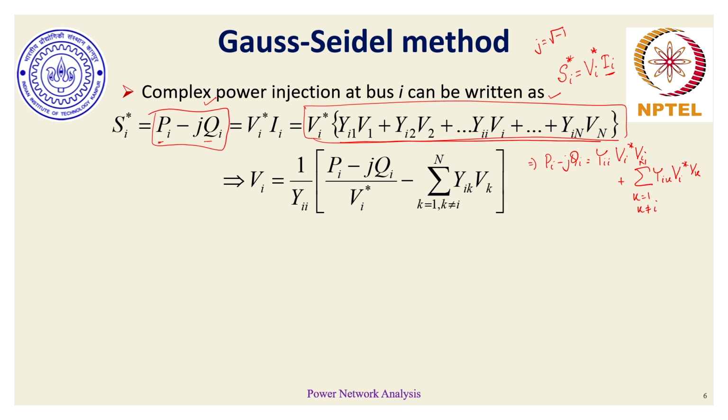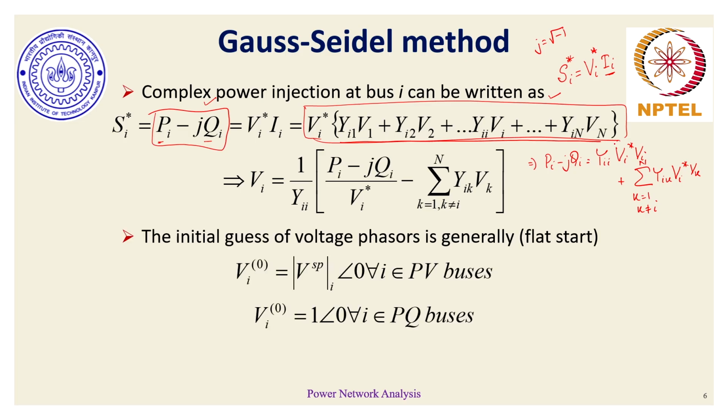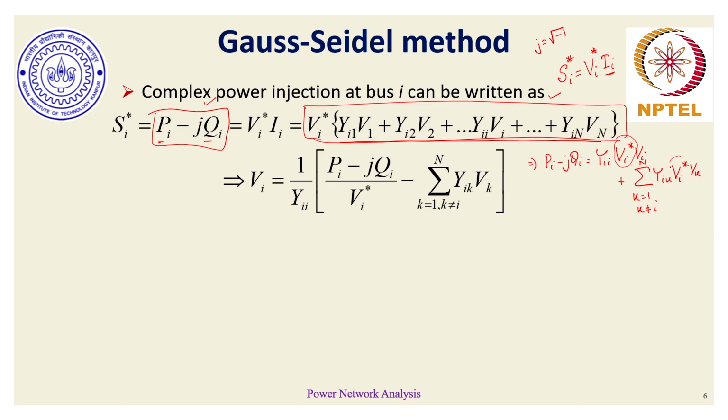I divide the entire equation by V_i conjugate because V_i conjugate is common in both these terms. So if I do that, then I have V_i conjugate divided over here in the denominator. V_i conjugate gets removed from here, and I take up this second term, move it over here, and then divide the entire expression by Y_ii.